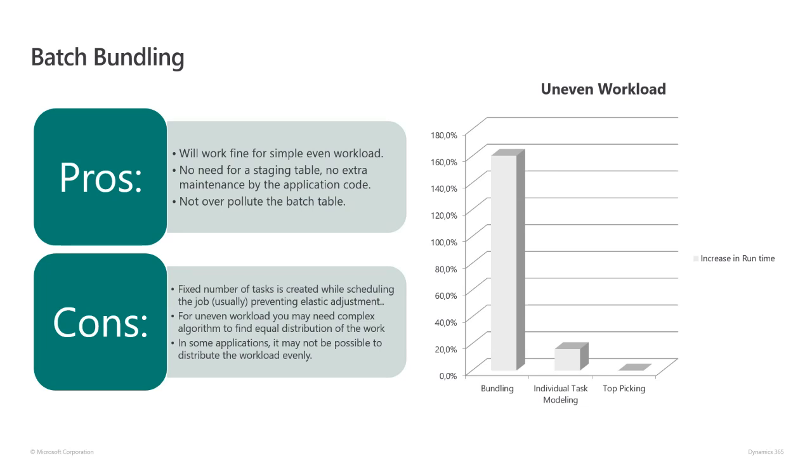So for uneven workload, you may need to create a complex algorithm to find equal distribution of the work. And that can be quite a complex activity. In some applications, it might even be almost impossible to distribute the workload evenly.